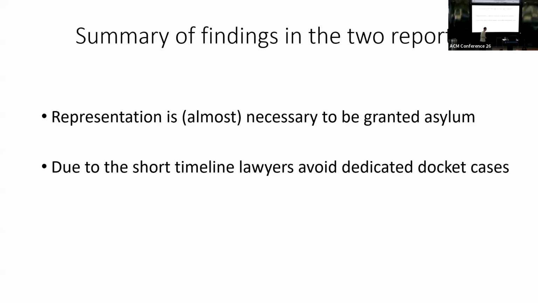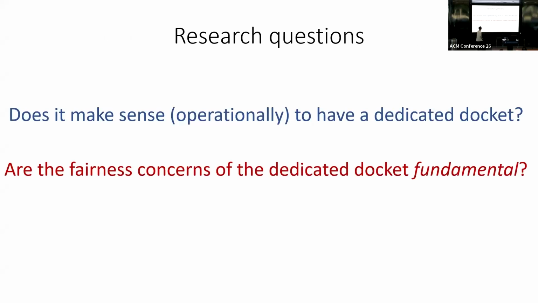But as I mentioned before, there is a lot of government effort to push this kind of fast track system. So motivated by this contrast, in our paper we try to address two questions. First, does it ever make sense, at least operationally, to have such a fast tracking system inside the asylum adjudication?